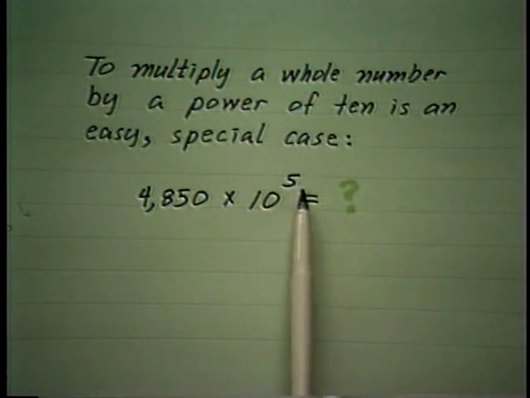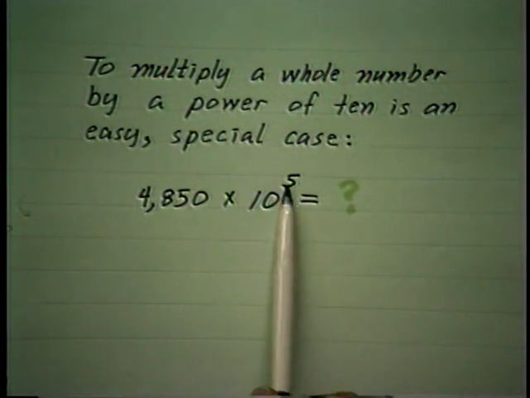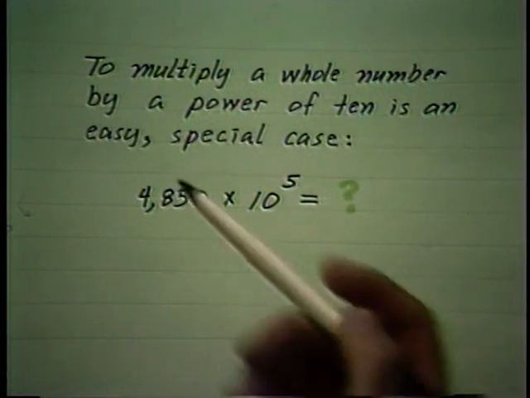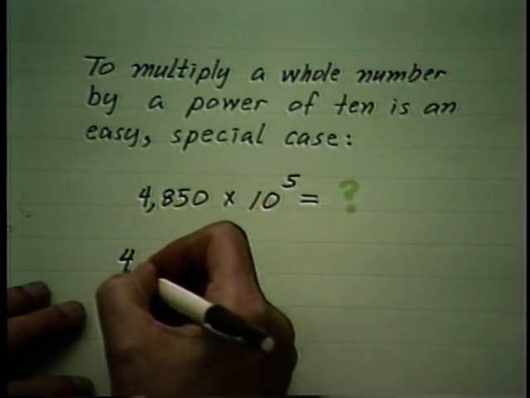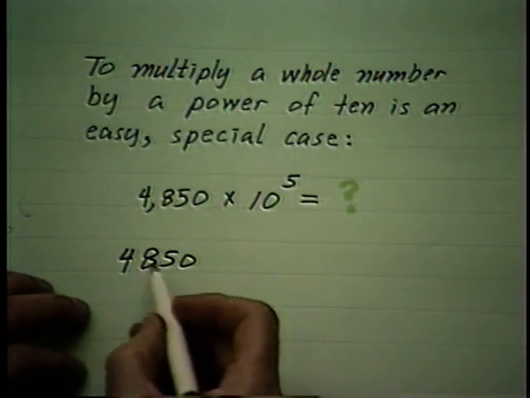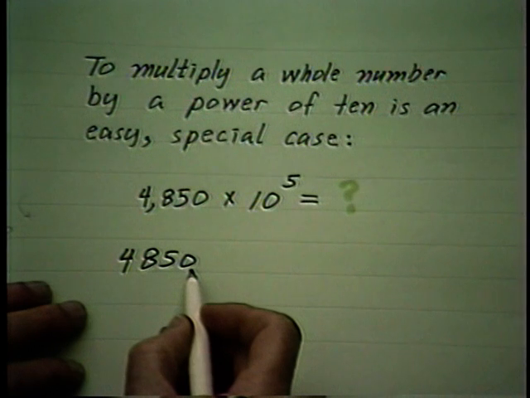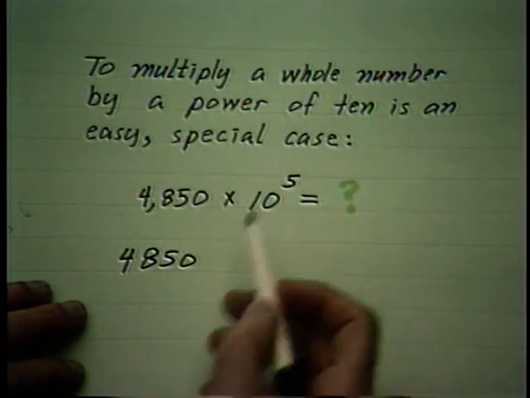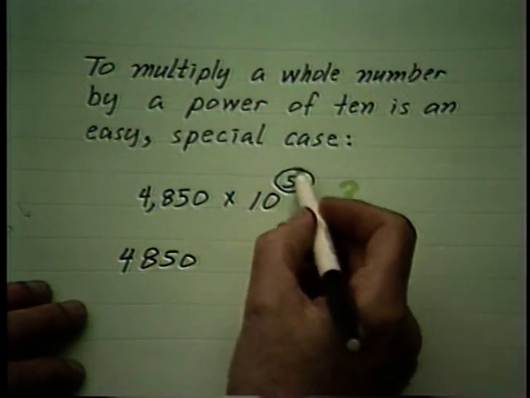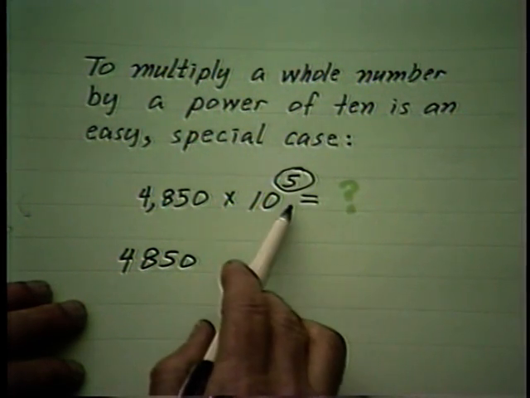To multiply a number by a power of 10 is an easy special case, which is rather nice because multiplications by powers of 10 occur very frequently in all sciences. And the trick of the shortcut is simply this. Append to the whole number as many additional zeros as is the exponent on the 10.